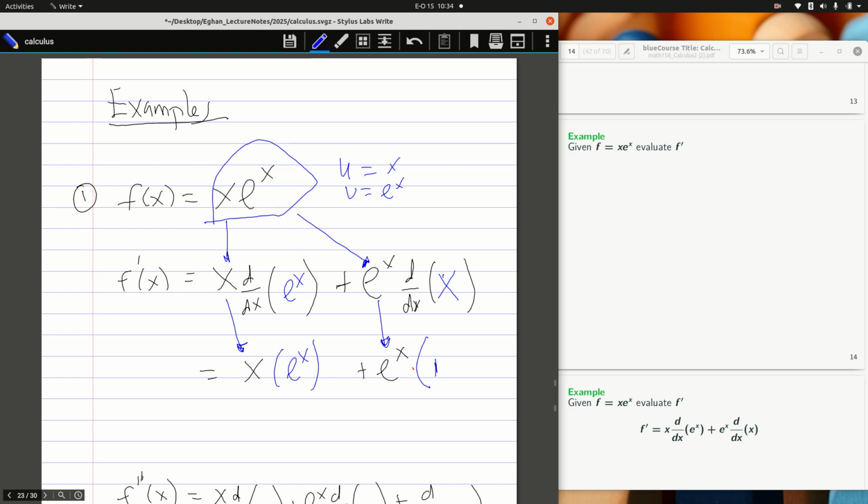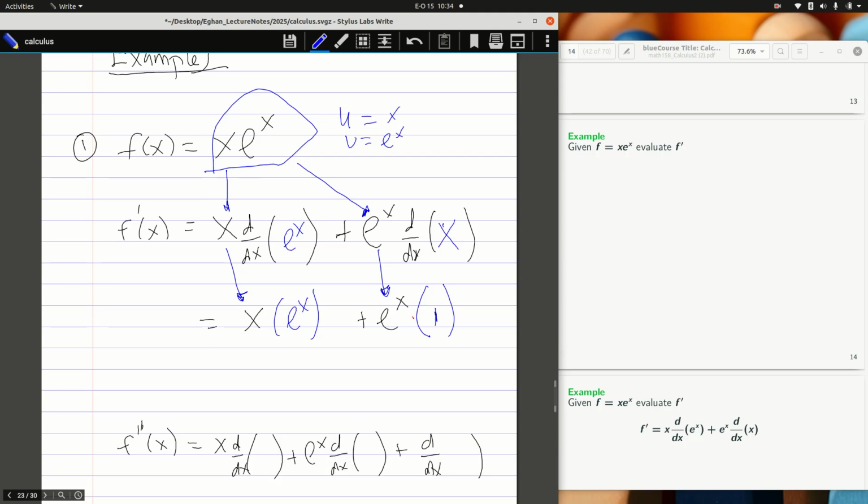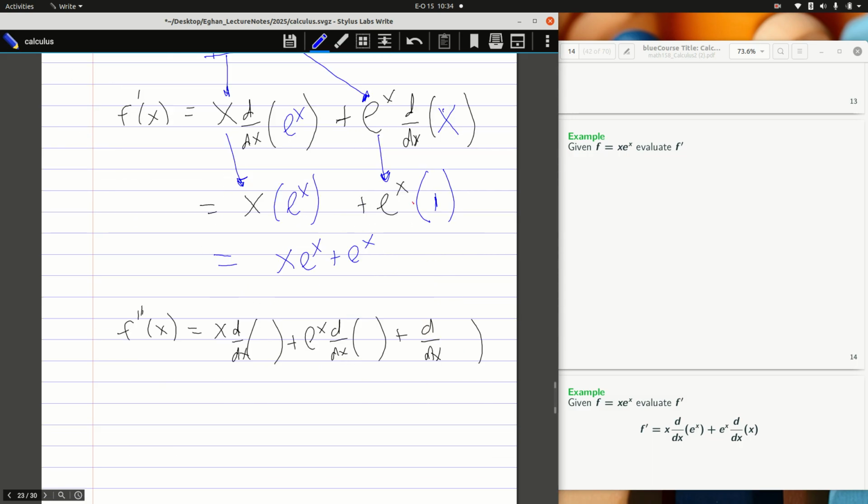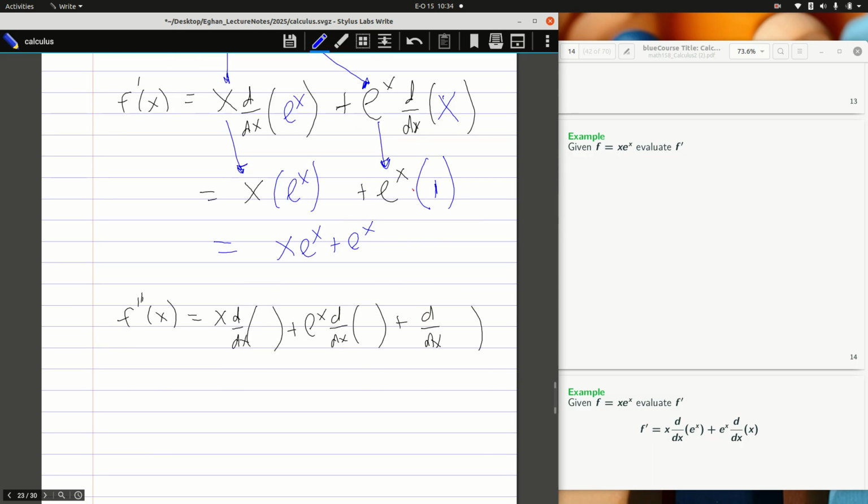And so let's see what we are going to get at the end of the day. I have x e^x plus e^x. You can go ahead and find the second derivative of the resulting function. And so this is where the sum rule comes in. But for the first part, it's still going to be a product rule.